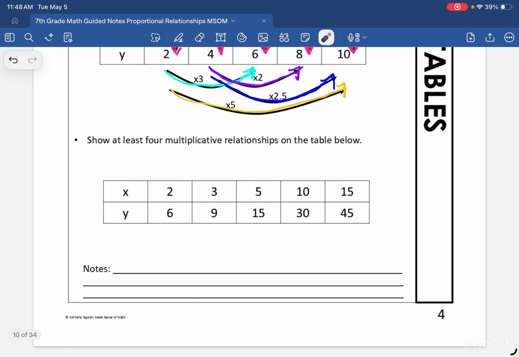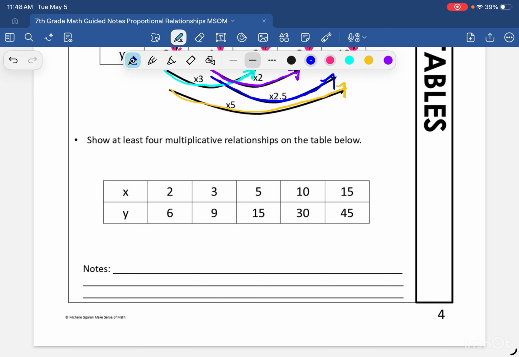Show at least 4 multiplicative relationships on this table. So let's first look for the one between x and y. The one between x and y is going to be multiplying by 3, and that is consistent the whole way down. Let's look for some more. I notice 2 times 5 is 10, and then going the same distance down at the bottom, 6 times 5 is 30.